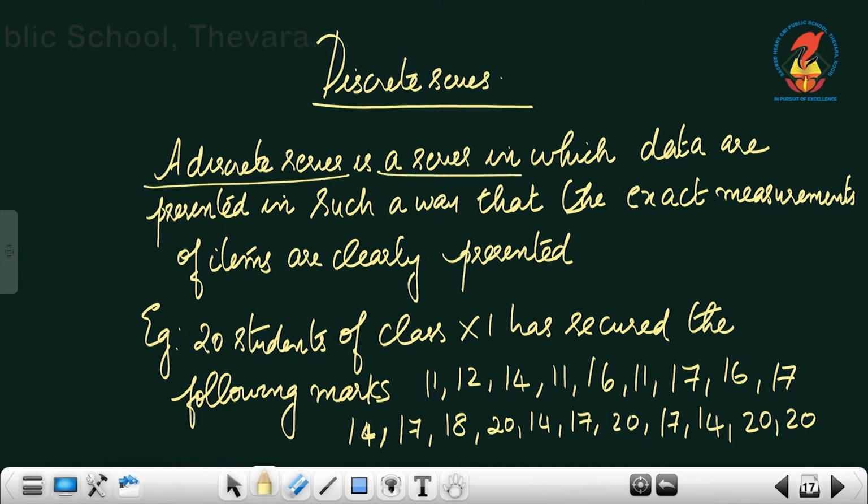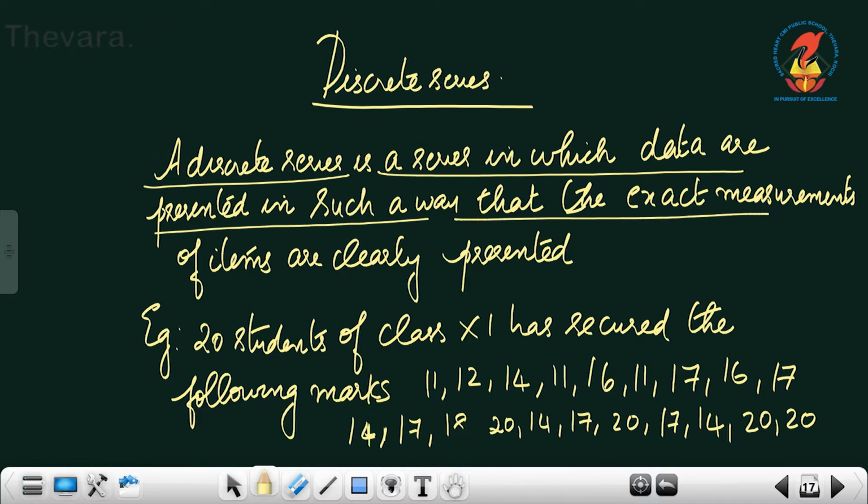A discrete series is a series in which data are presented in such a way that exact measurements of items are clearly represented. I repeat it once again.